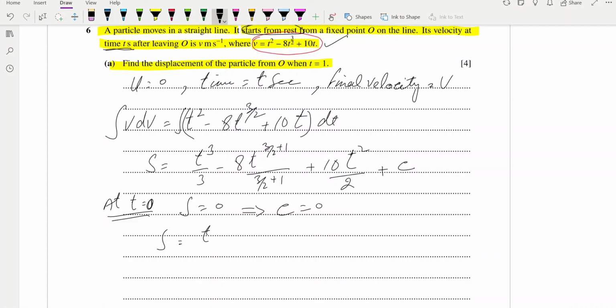s is equal to t cubed over 3 minus 8 t raised to 3 by 2 plus 1, which will be 5 by 2. So 5 by 2 over 5 by 2, or what we can do, we can write 5 and 2 will be multiplied by this, so it's 16, and plus 2 into this one we can cancel, and 5 over here, so it will be 5t squared, and plus c, 0, so I'm not writing that one.